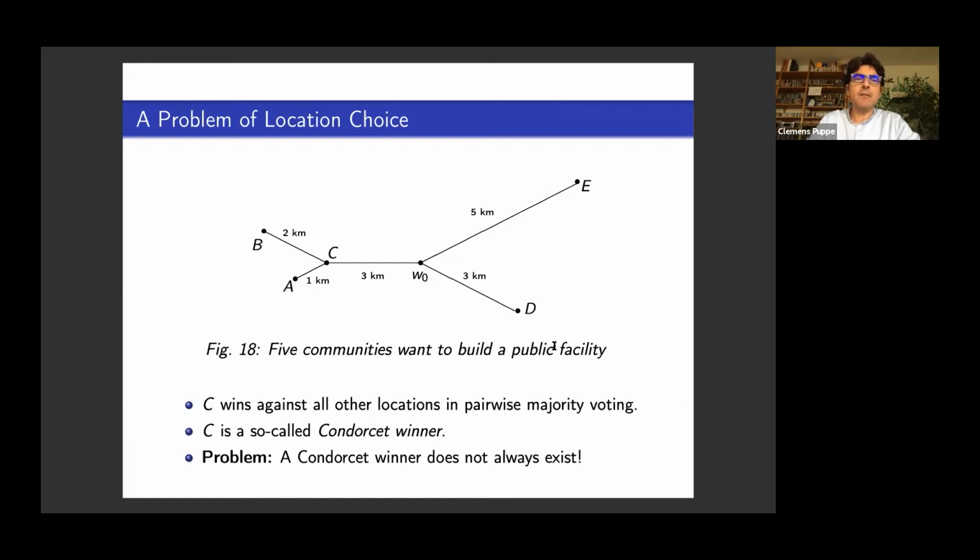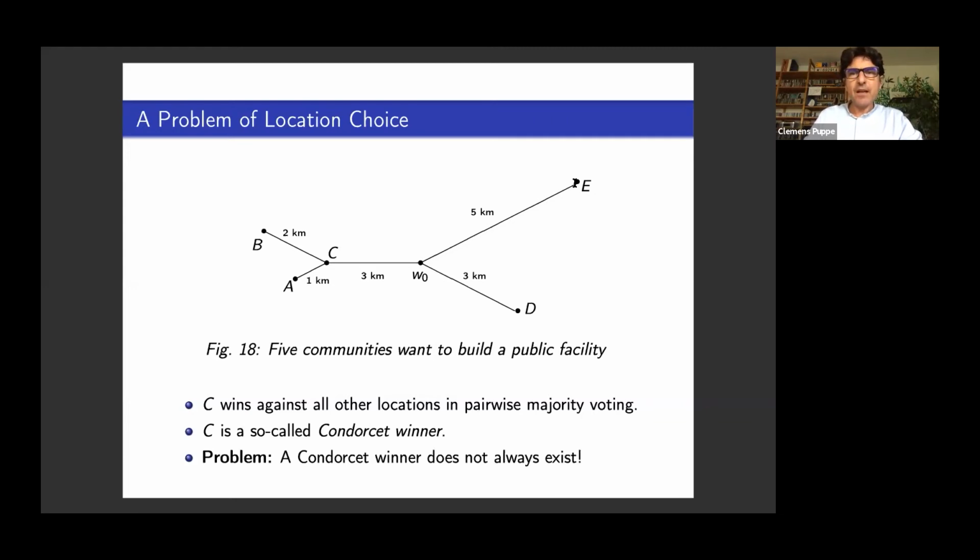Let's say a public swimming pool or a hospital or a movie theater that would be used by all of them. And the problem is this is in the mountains, or for some reason there are only the streets which you can see, right?